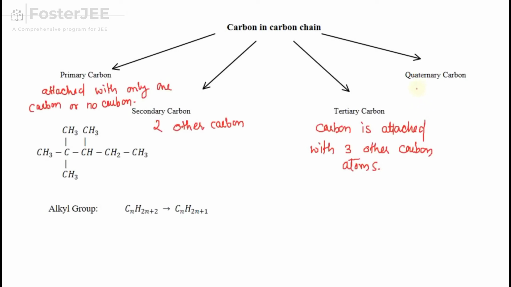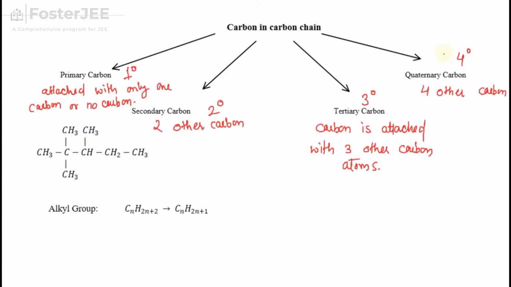Similarly, quaternary carbon is when carbon is attached with 4 other carbon. So, primary carbon is also known as 1-degree carbon. Secondary carbon is known as 2-degree carbon. Tertiary carbon is known as 3-degree carbon. And quaternary carbon is known as 4-degree carbon.